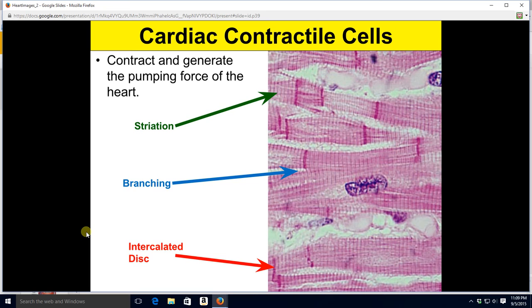All right, onward to the cardiac muscle in the myocardium. About 99% of your cardiac muscle cells in the myocardium are known as contractile cells. They contract and generate the pumping force of the heart.